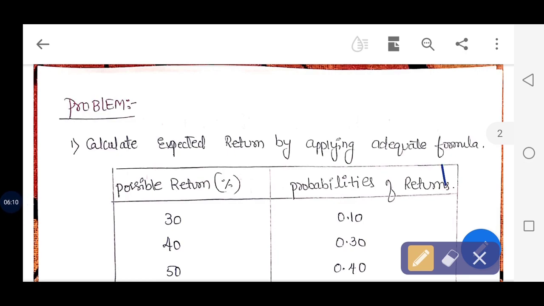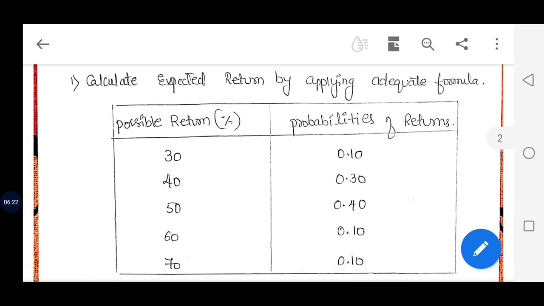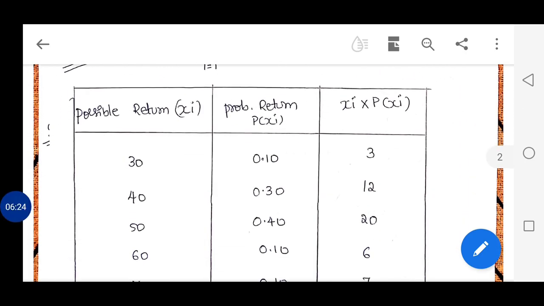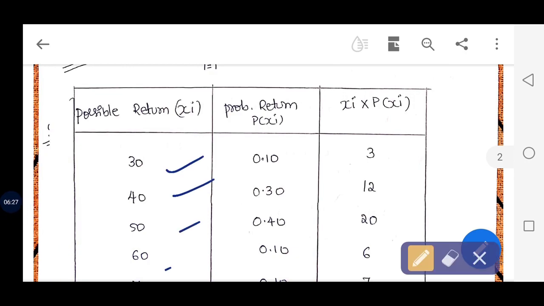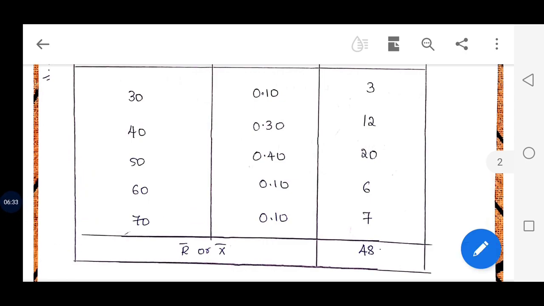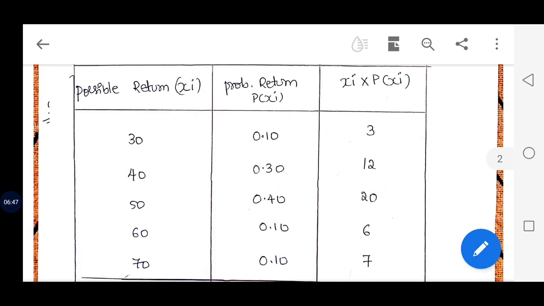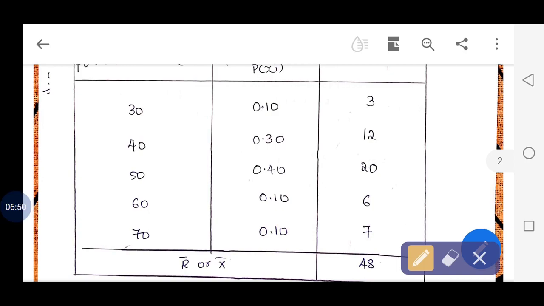The possible returns 30, 40, 50, 60 and 70 are represented by xi. The probability of the return is represented by pxi. So we have copied all the probabilities, that is 0.10, 0.30, 0.40, 0.10 and 0.10.